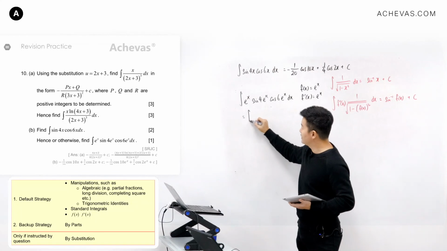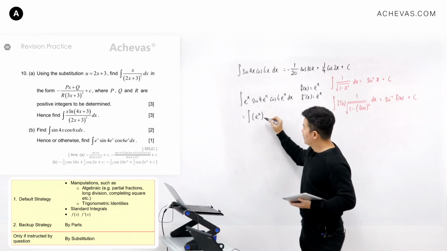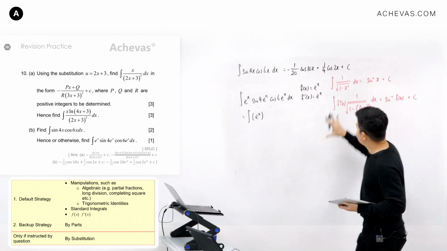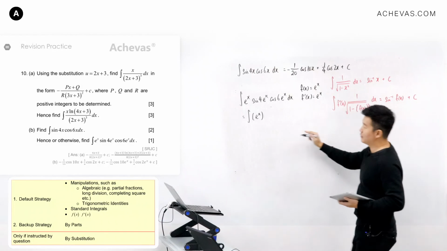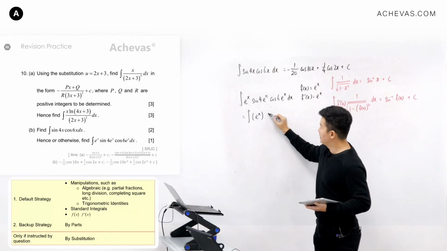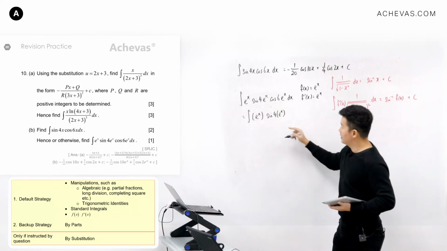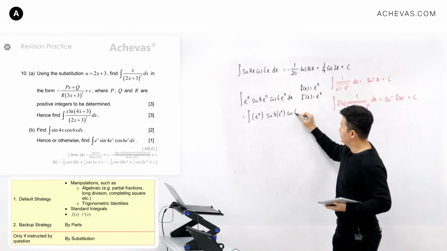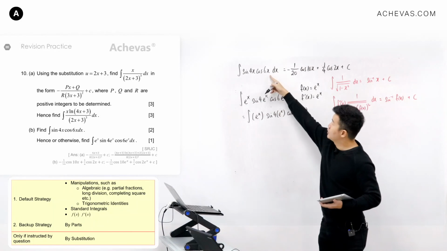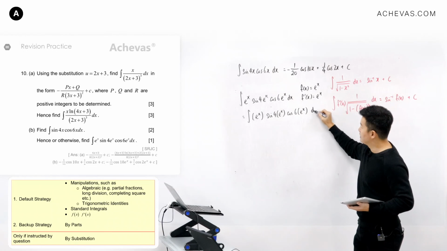Let me re-express this a little better so that hopefully you can see this as similar to what is happening here. So this is my f prime x, and we have a sine 4 e to the power of x. This x is replaced, and we have a cosine 6 e to the power of x. So this is also replaced, dx.